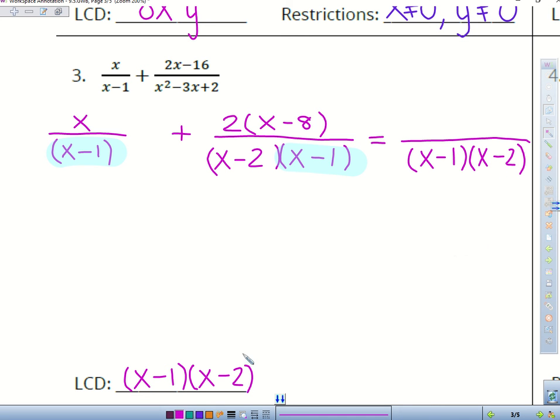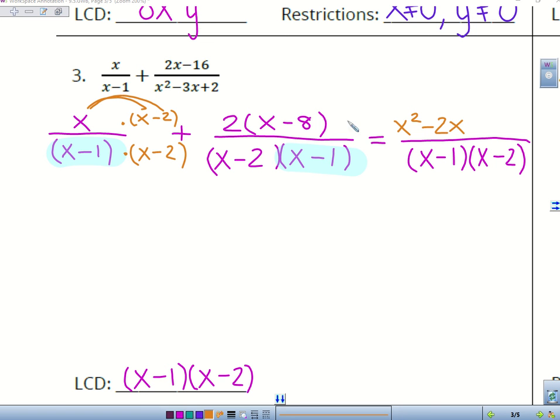So, what would I have to multiply the top and bottom of this fraction by to get me to have this denominator? X minus 2. We don't really care about the denominator because we already know what it's going to be. Here, we simply can distribute this out. And then over here, we can distribute this out and add it to it.